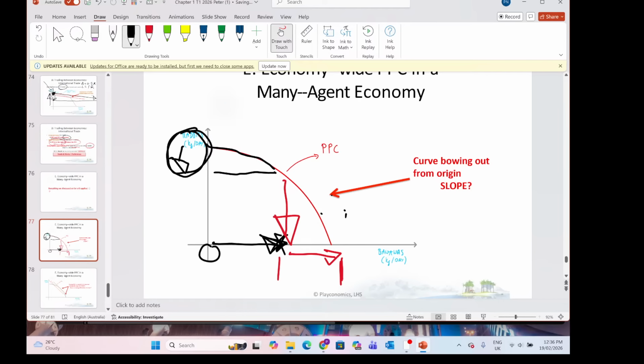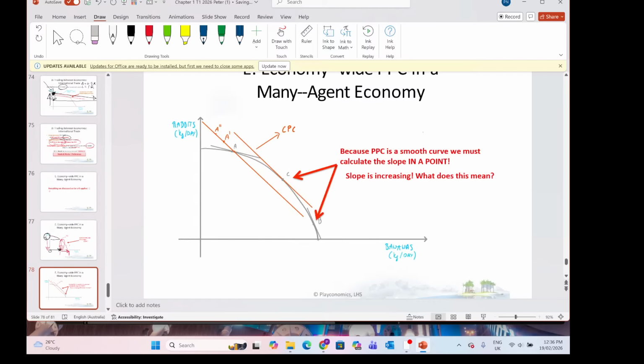But then as we keep moving to the right, as we keep increasing our production of bananas, the opportunity cost is getting greater. You can see the red arrow is much greater than the black arrow. And those two arrows represent the fall in rabbits as we increase our production of bananas.